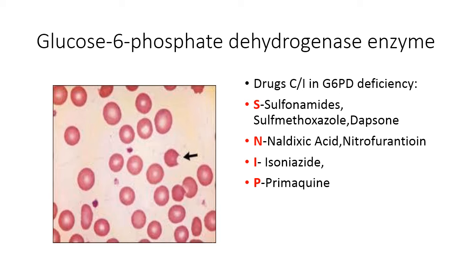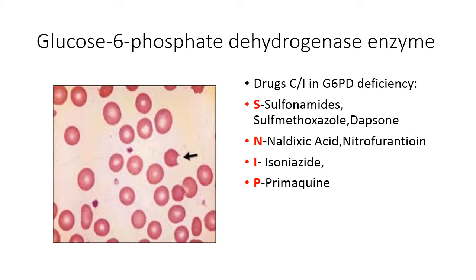It is a classical case that a baby was playing very well and his mother was shuffling the winter garments. The baby put one naphthalene ball in his nose, and after 1 hour the mother comes to the OPD. The baby is having cola colored urine. So this is a classical presentation of glucose 6-phosphate dehydrogenase deficiency.